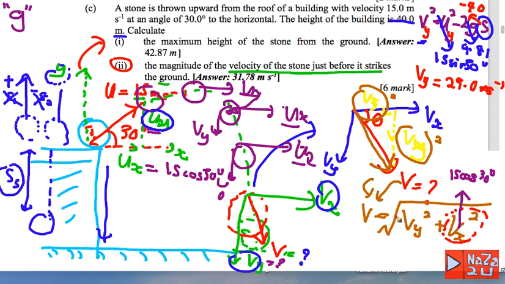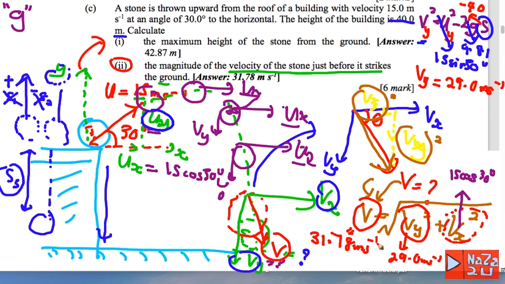And now you have the value of vy here, 29.0 meters per second, and you can find the value of v using the calculator: v equals the square root of vx squared plus vy squared, 13 squared plus 29 squared, which gives 31.78 meters per second, right? So this is the value of v just before it strikes the ground surface.